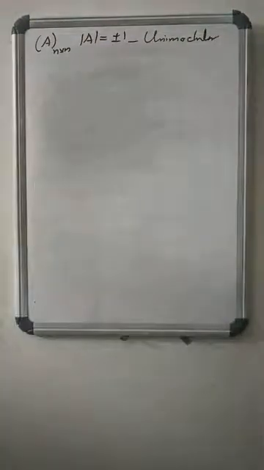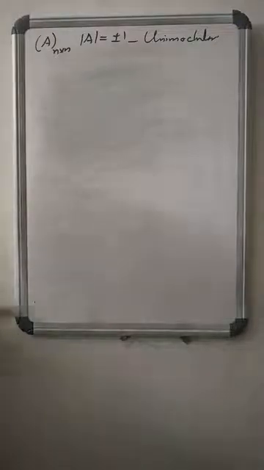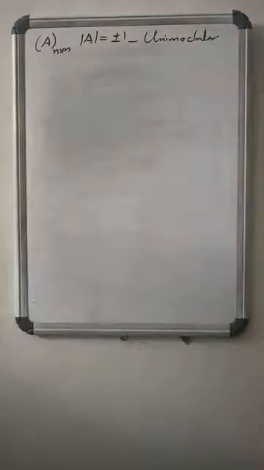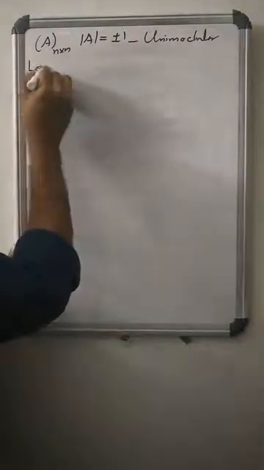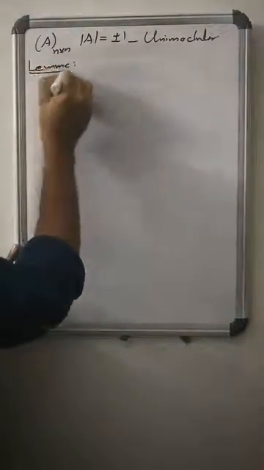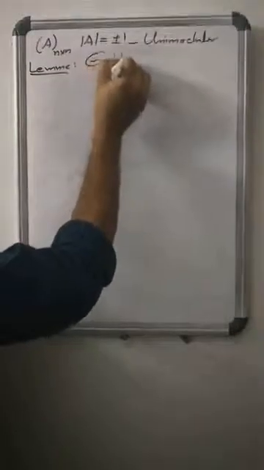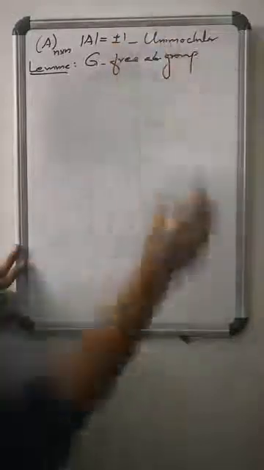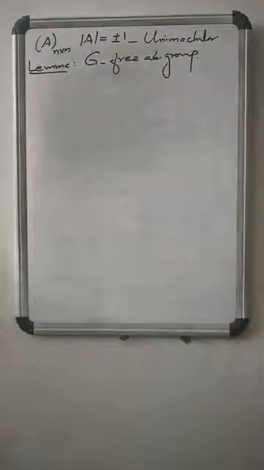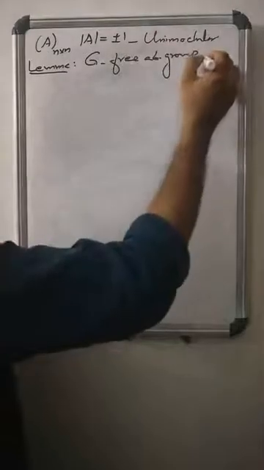Now, depending on this definition, we try to prove a lemma. The lemma states: let G be a free abelian group of rank n. What about its rank?